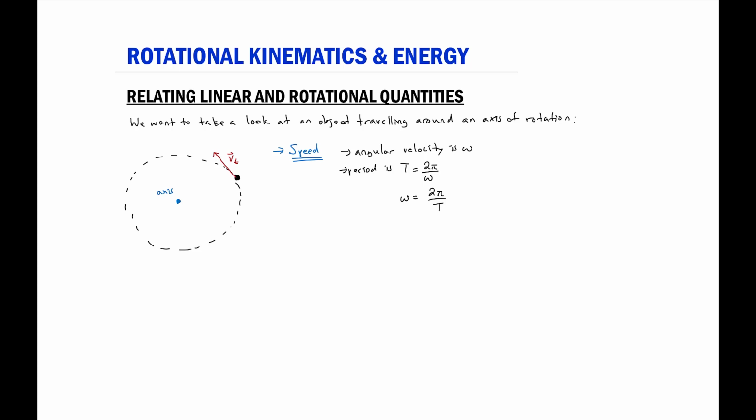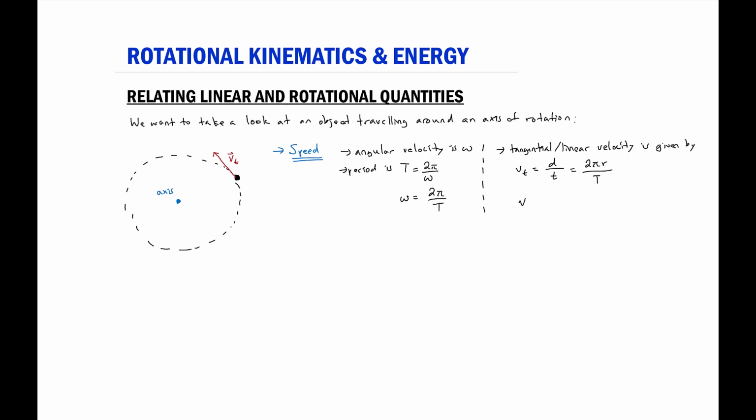So the tangential or linear velocity is given by Vt equal to the distance traveled over time, which is essentially 2 pi r for the circumference of the circular path divided by the time it takes to complete one revolution, which is just the period.